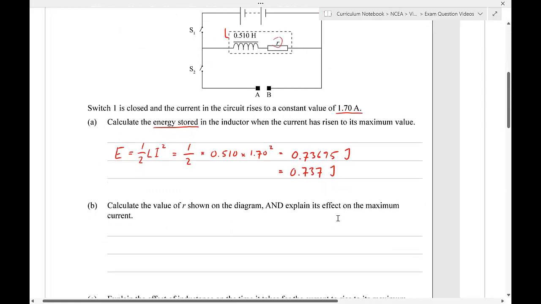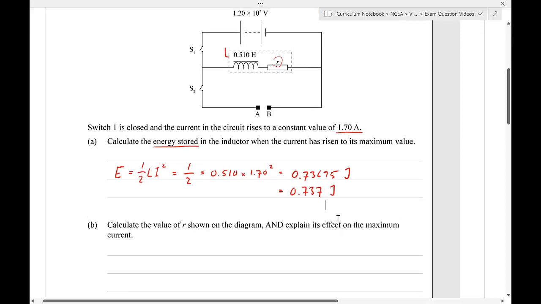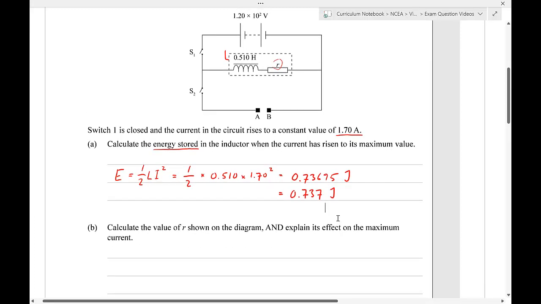Calculate the value of R shown on the diagram and explain its effect on the maximum current. So the maximum current, I max, will be the steady current that we've reached once the inductor is not doing anything anymore.